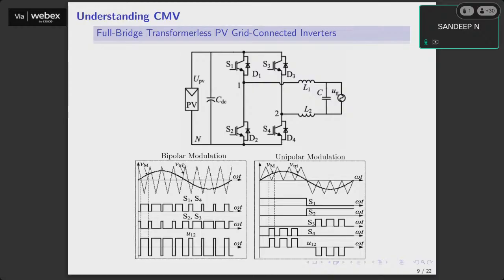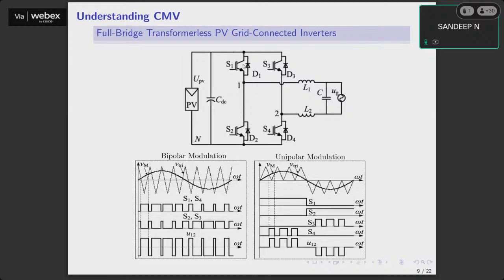In bipolar modulation, you have a single carrier, a triangle. Whenever the sinusoid is greater than the triangle, you switch on S1 and S4, the diagonal switches. Whenever the triangle is on the upper side of the sinusoid, you turn on switches S2 and S3.